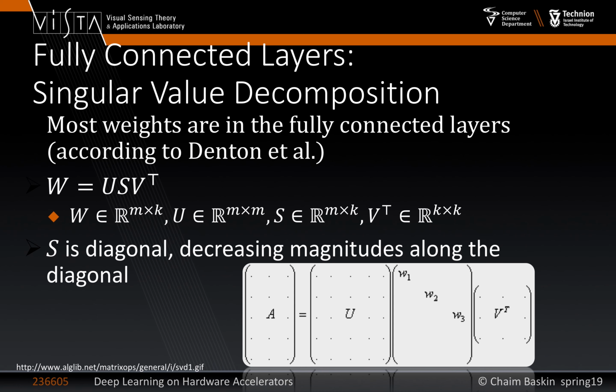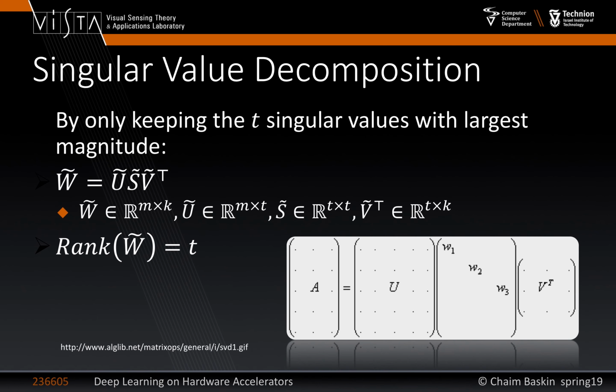By keeping only t singular values with the largest magnitude, we can approximate our W with a lighter matrix. Here we assume that we are taking rank t of W, and this way we will do less computation.